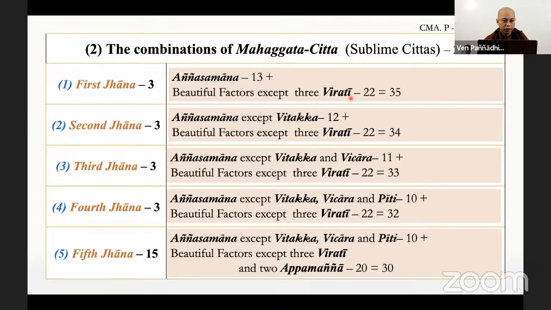But the Mahagata consciousness, sublime consciousness, has a sovereign object. So the form of 4th jhana takes the counterpart sign, Patibhaga Nimitta, as its object. And in the 5th jhana there can be some difference.